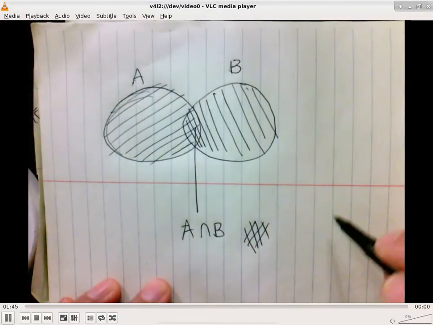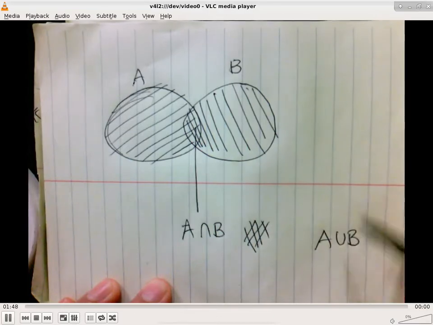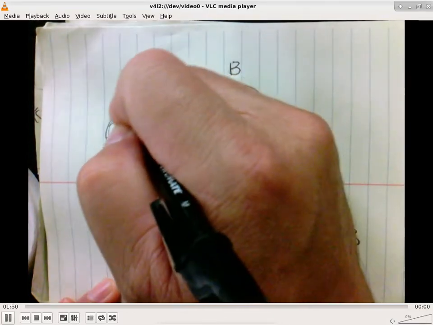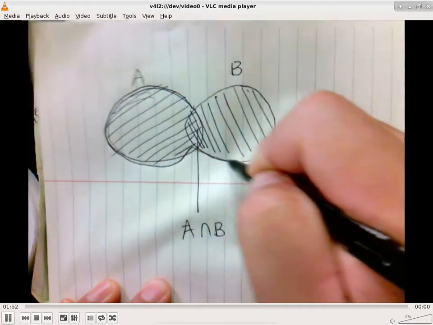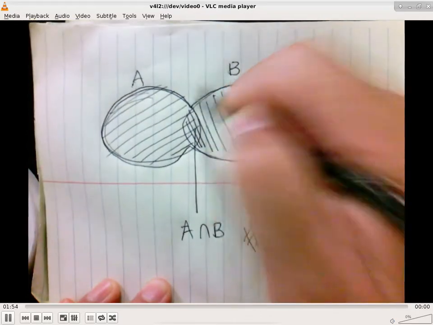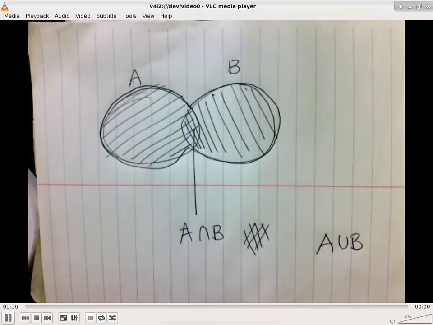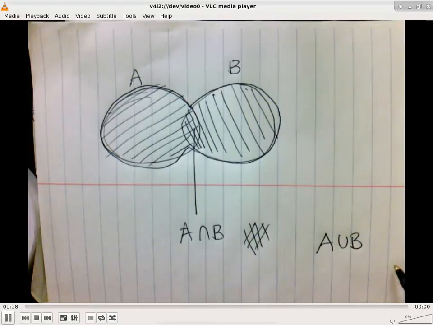When you want A union B, it's everything inside this portion. Everything that is shaded is in A union B. Is that okay?